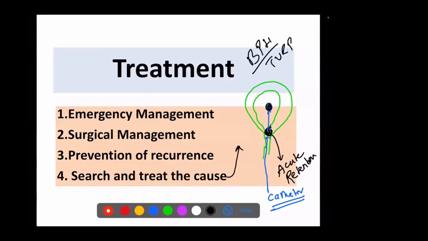In the case of bladder stone, always try to identify whether there is a secondary cause or not, and if you find it, treat that cause as well. Okay. Prevention of recurrence. Regarding prevention of recurrence, I have already explained several times. We have some general guidelines and some specific guidelines. General guidelines give us idea about how much water to drink, what to drink or not to drink, which type of food we should take.